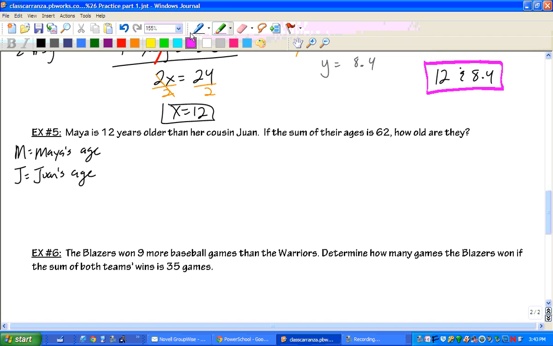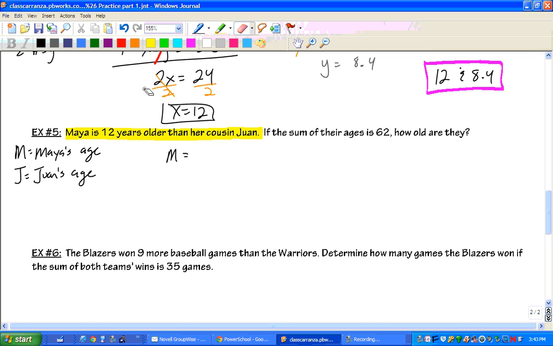So, let's look at the first sentence. Maya is 12 years older than her cousin Juan. Okay, so Maya is. Okay, remember, is equals, so we've already started with m equals. 12 years older than her cousin Juan.